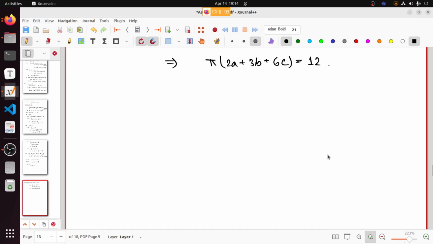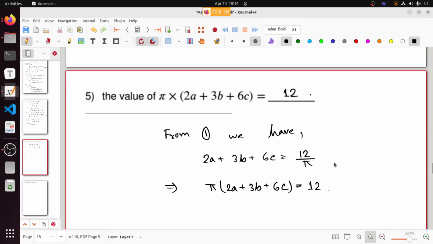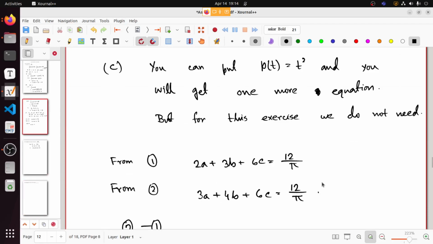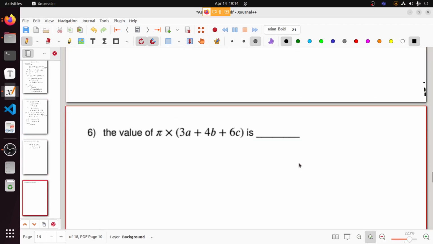What is question number 6? So pi into (3a + 4b + 6c). Note that we have got this from equation number 2, 3a + 4b + 6c, right? So from 2 we have 3a + 4b + 6c is 12/pi.